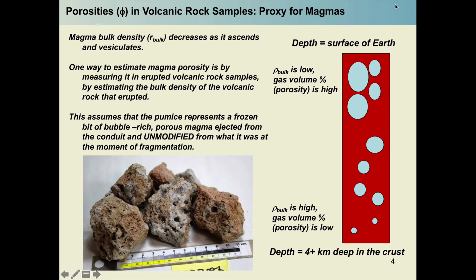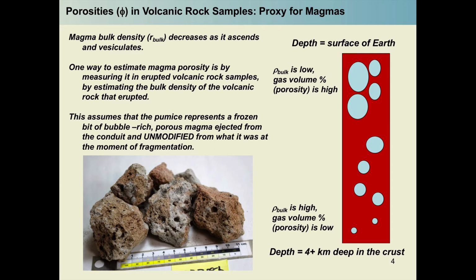So up towards the surface of the earth, the bulk density of that magma is low because you have a much greater proportion of gas volume in your magma. Its porosity is really high. So you have more volume of gas and you have less volume of the dense part, so its bulk density is then low. So magma bulk density decreases as the magma ascends and starts to vesiculate.